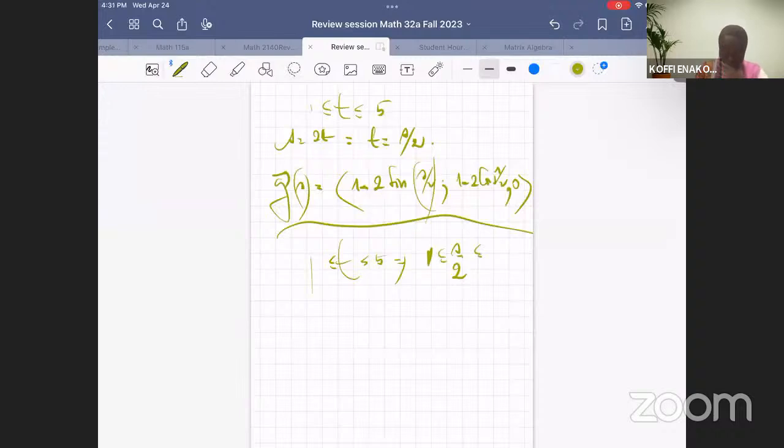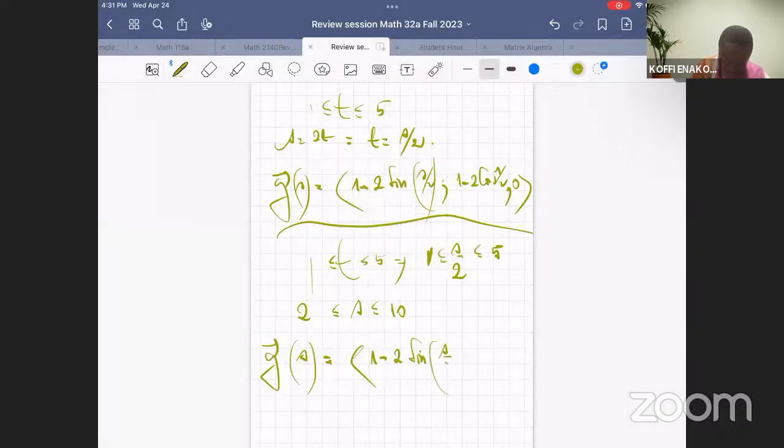Thank you. So s divided by 2 is between 1 and 5. Then s is between 2 and 10. So we write g of s, that is 1 minus twice the sine of s divided by 2, 1 minus 2 cosine of s divided by 2.